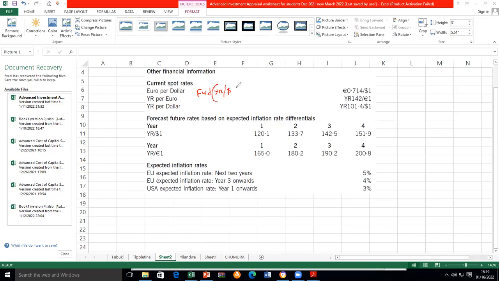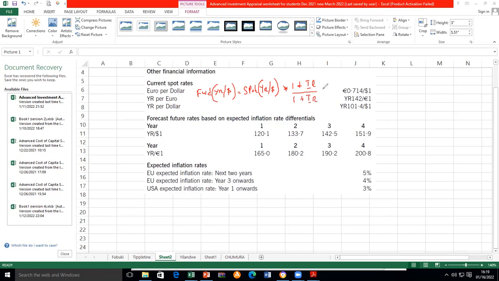If you want to find that, we take the spot rate in the same format, which is the rand on a single dollar, multiplied by 1 plus inflation rate over 1 plus inflation rate.